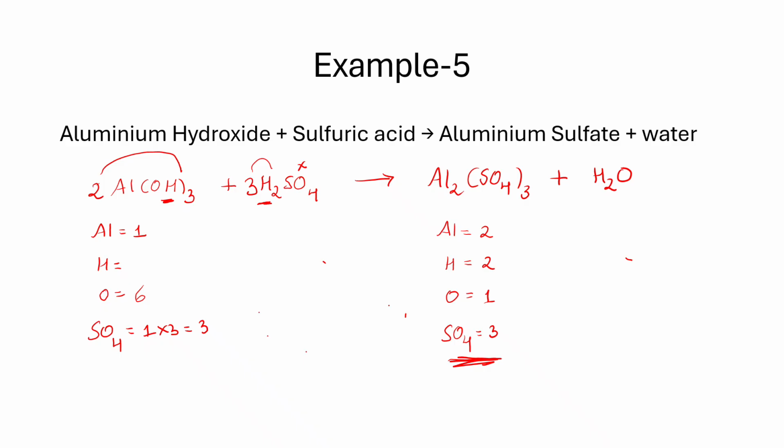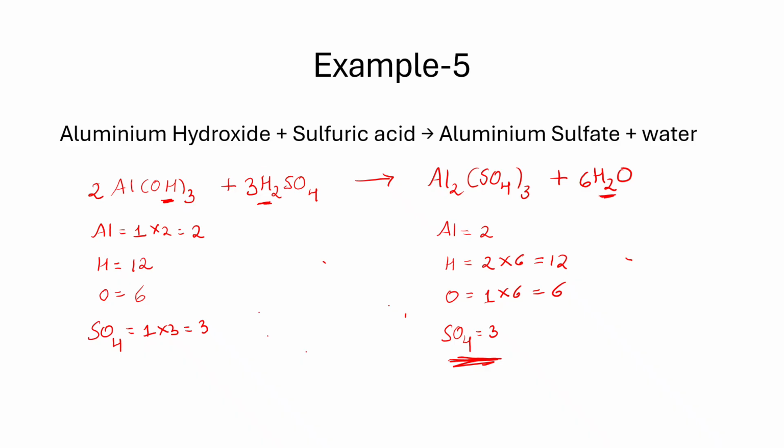So that makes a total of 12 hydrogens. All right. And now, since we have just 2 hydrogens here, what we can do is put a 6 here. And if you put a 6 here, that balances the number of hydrogens, but it also balances the number of oxygens.